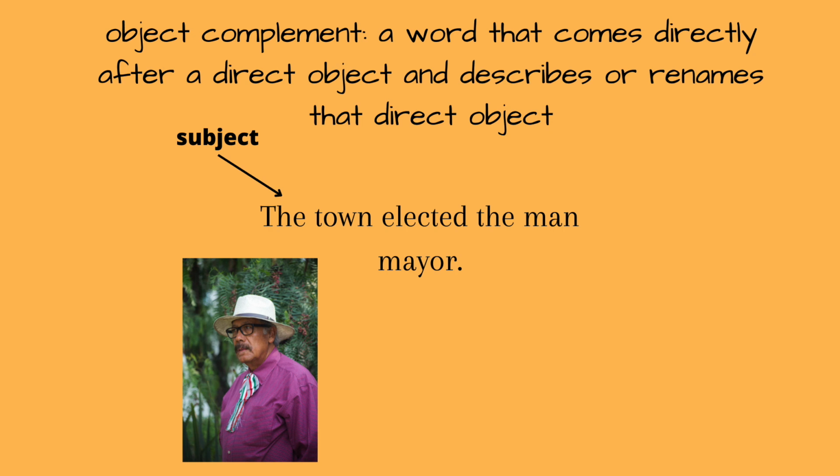So the man is the direct object. But there is a word directly after this direct object. It is mayor. This word renames man. It renames the direct object. So mayor is the object complement in this sentence. Let's take a look at the third example.